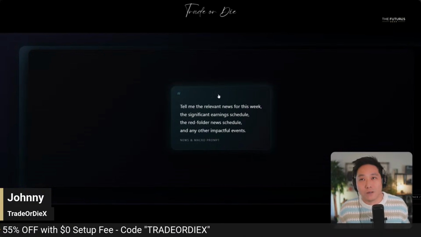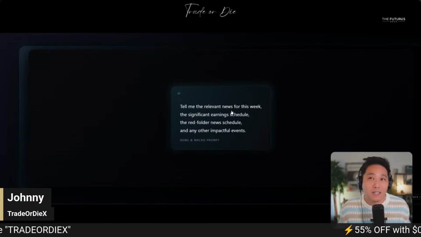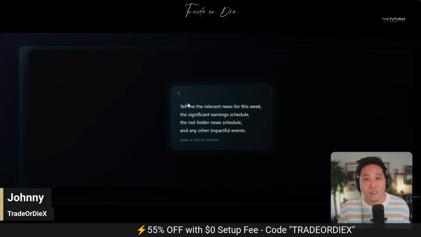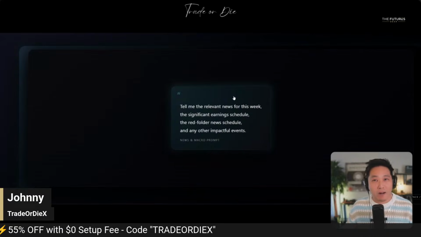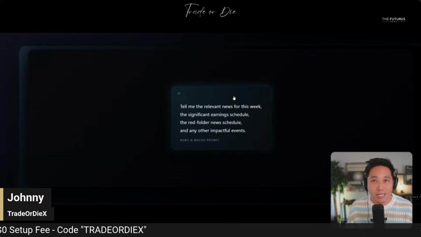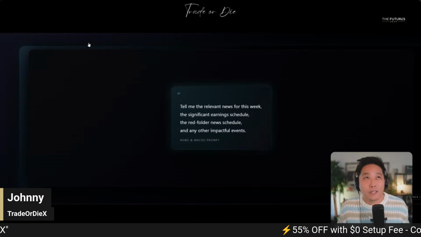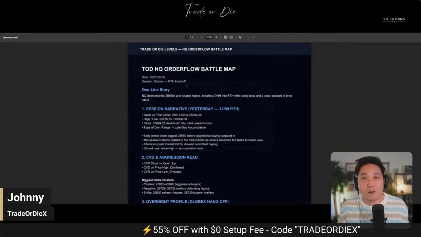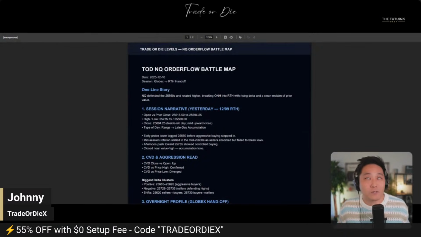So having it prepared to gather these things, significant earnings schedules, red folder news, and other high impact events, is good. And you want it to be prepared to give you those on a daily or weekly basis. So it essentially makes it easy for you when you're gathering your strategy notes, when you're gathering my battle map. It's already just ready to give me any sort of news.